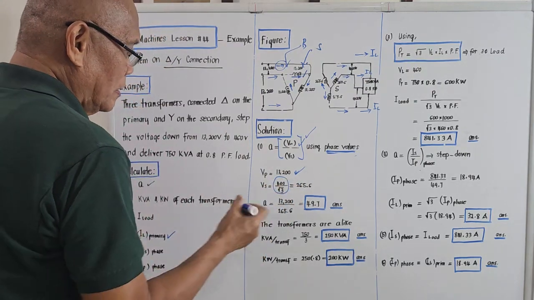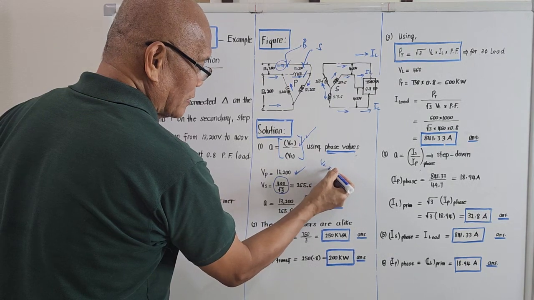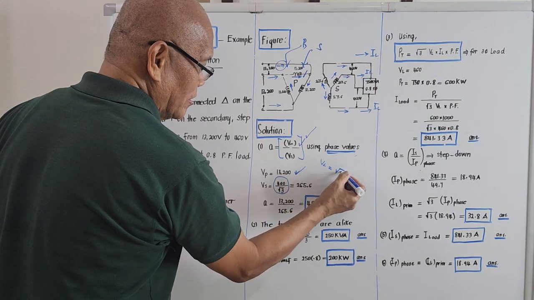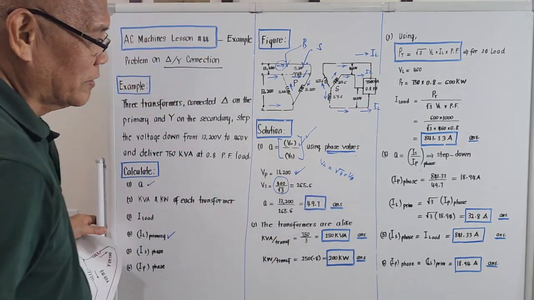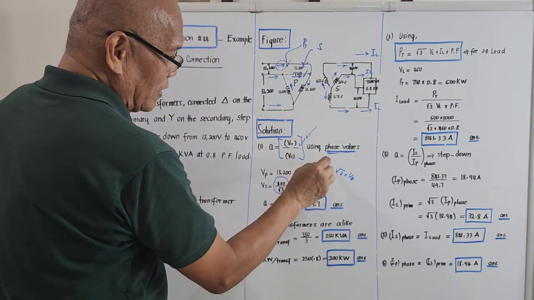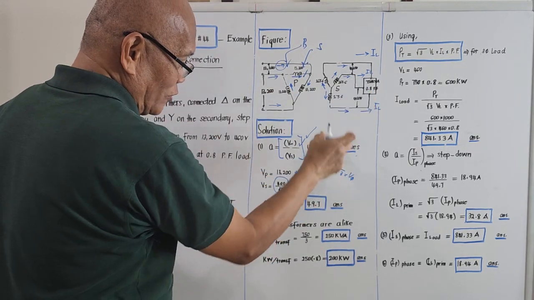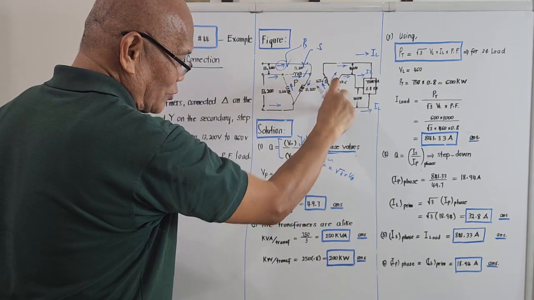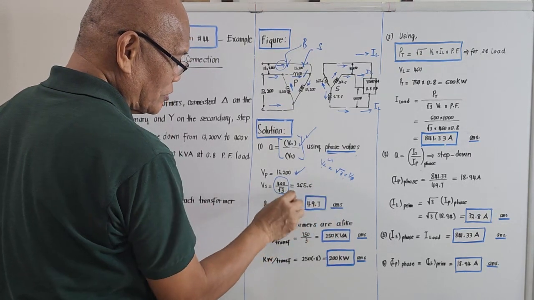Okay, that is, the line-to-line voltage for a Y-connected is square root of 3 times voltage per phase. We are given BL 460. So if we compute for the voltage across its winding, it should be BL divided by square root of 3.